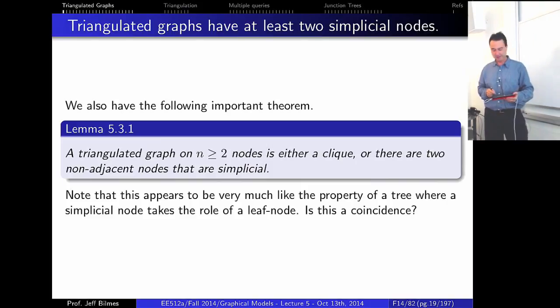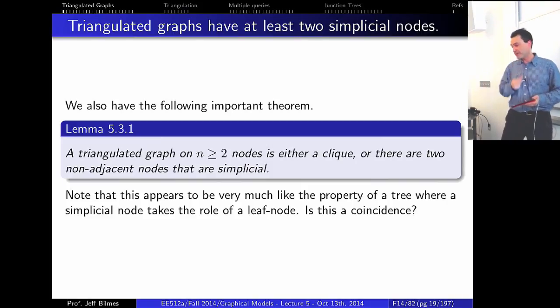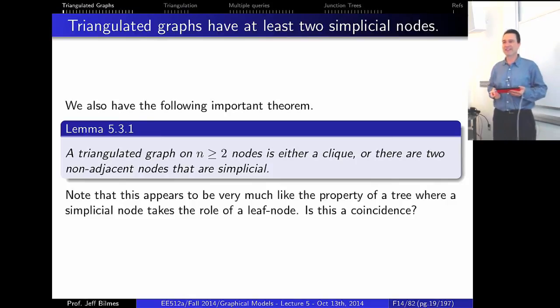Okay, so this is a theorem that basically means that it's meaningful for the earlier theorem that talked about identifying another perfect elimination order in a perfect elimination graph. It means that exists. And basically what it says is the following. It says that if you have a triangulated graph, then the graph is either a clique, because all cliques are triangulated, which is another name for a complete set.